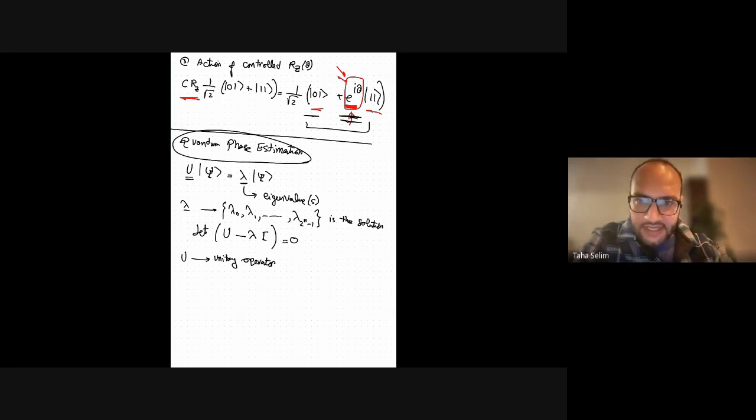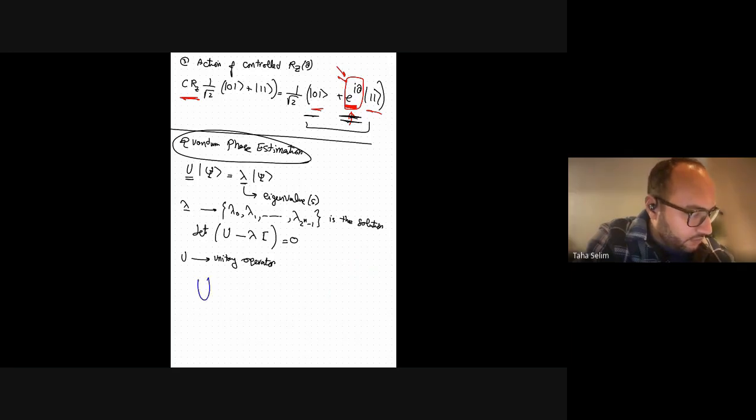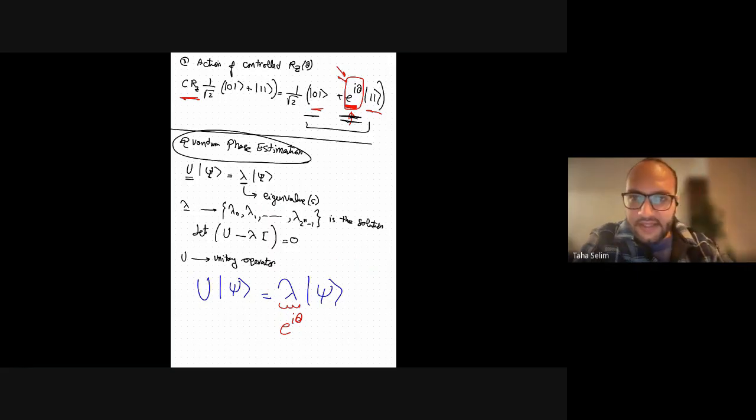Now the trick is this: let's write this equation in a bigger format. I have U acting on psi equals lambda psi. If I can represent the eigenvalue as a phase, then I can use quantum algorithms to find the eigenvalues.